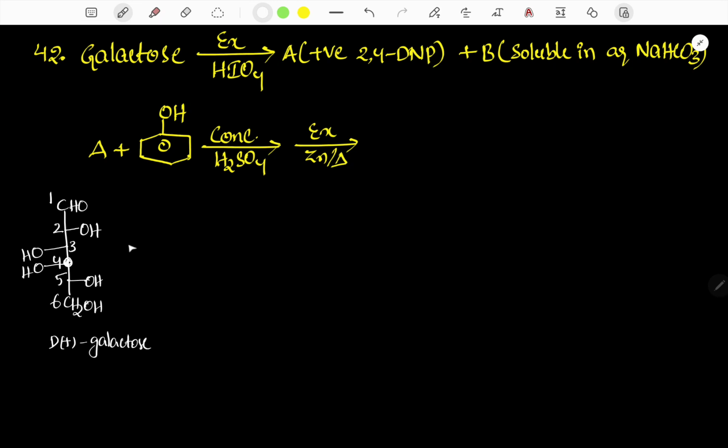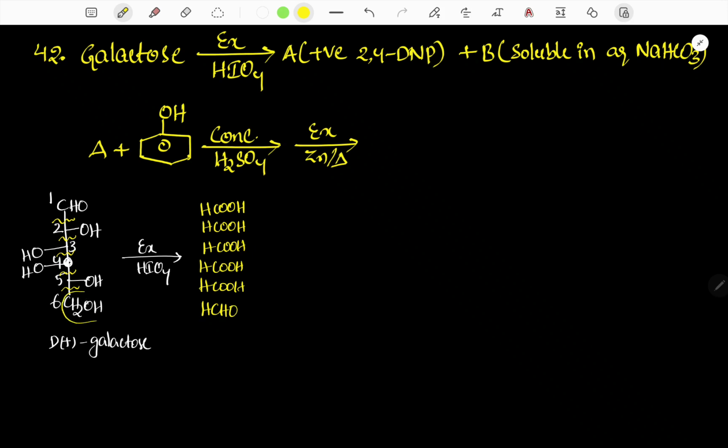Now the D plus galactose is treated with excess of HIO4. So these bonds will break and the first carbon will be converted into formic acid, the second carbon also formic acid, the third carbon also formic acid, the fourth carbon also formic acid, the fifth carbon also formic acid, and the sixth carbon only formaldehyde.